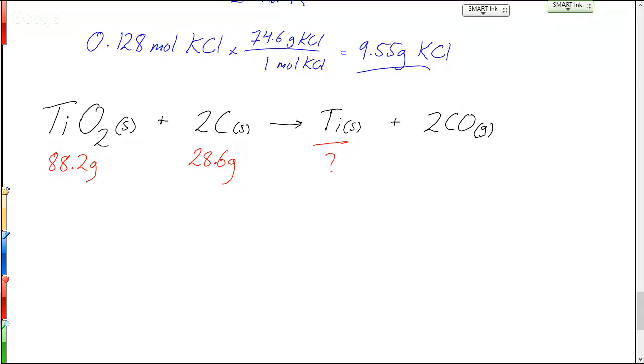No, you only do that when it's a substrate right at the front.